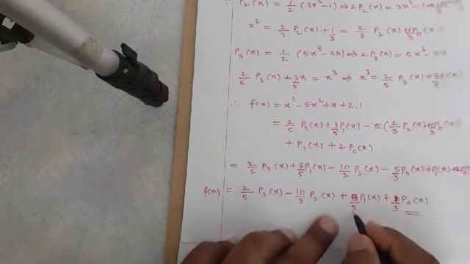Second problem is: express p(x) = 3 P3(x) + 2 P2(x) + 4 P1(x) + 5 P0(x) as a polynomial in x, where Pn(x) is Legendre's polynomial of order n.